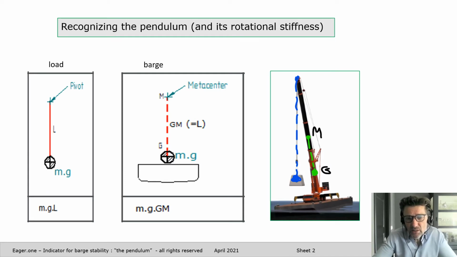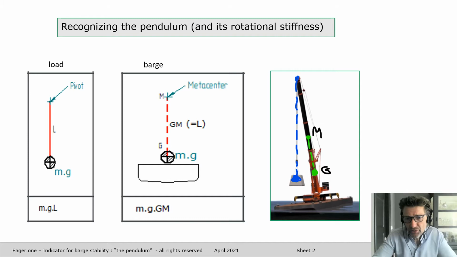How do you see this stiffness and how can you calculate this stiffness? In this short introduction video, we want to show you the use of the pendulum principle in order to have a better understanding about what happens and a clearer idea about how you can quick scan this stability with a very short calculation.